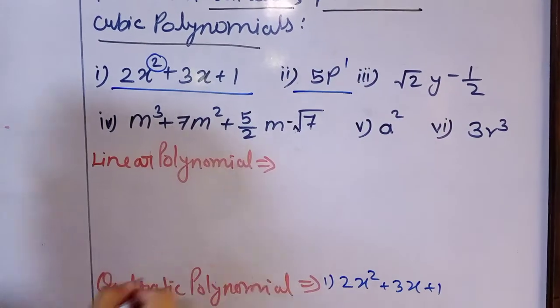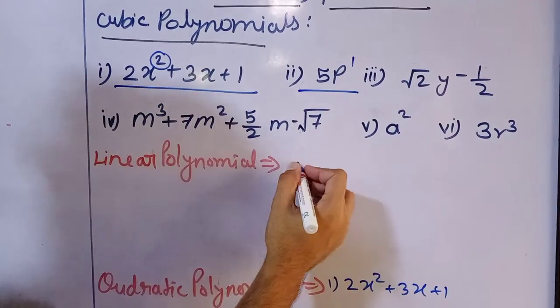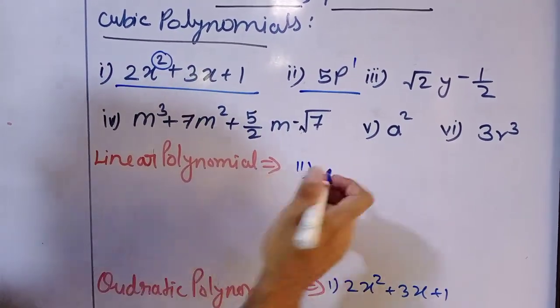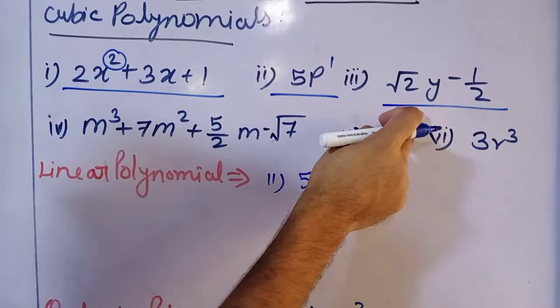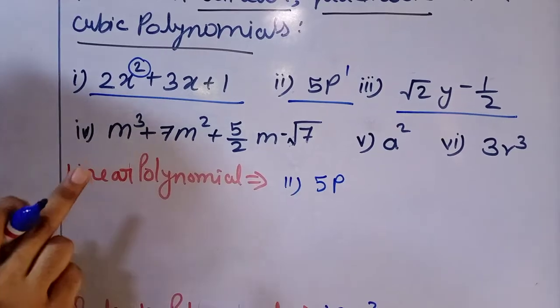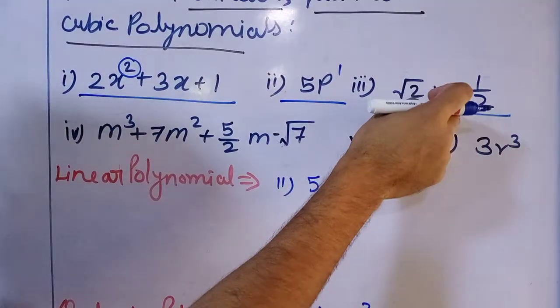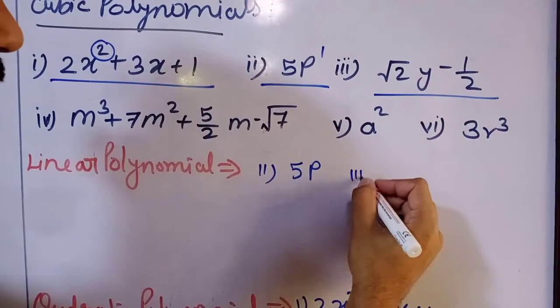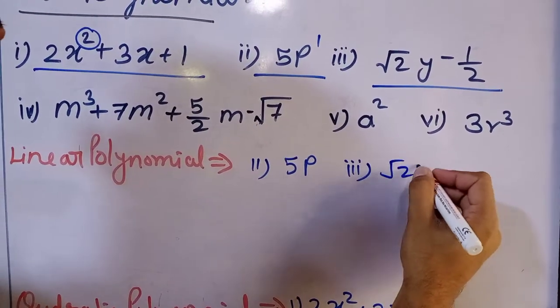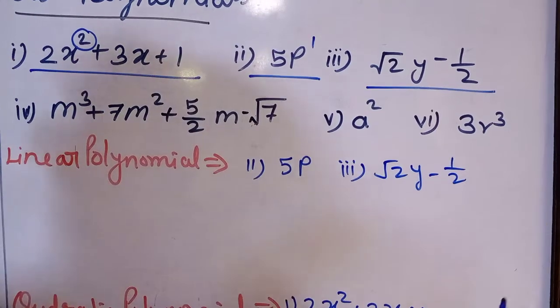Second, here we have degree 1, so that comes under linear polynomial, that is 5p. Coming to the third one, here also the power of this y variable is 1, so the degree of the polynomial is 1, so that is also linear, root 2y minus 1 upon 2.